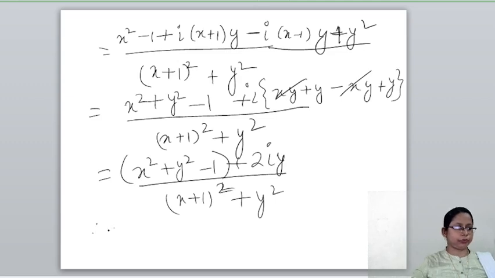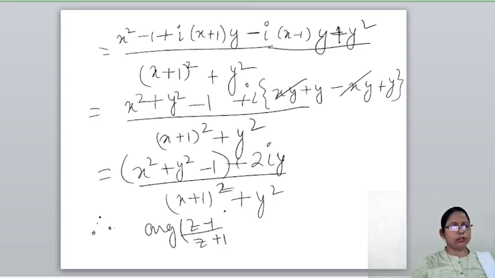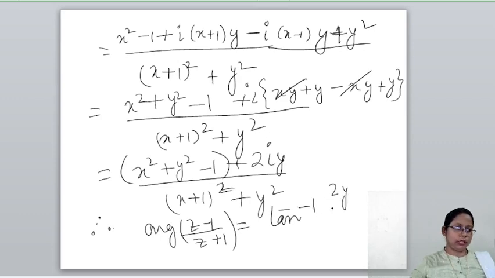Therefore arg of (z minus 1) by (z plus 1) is equal to tan inverse of y part by x part.